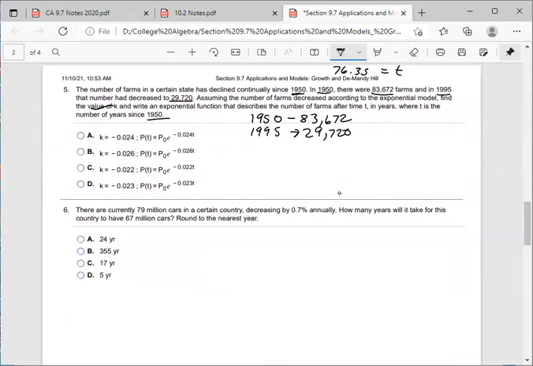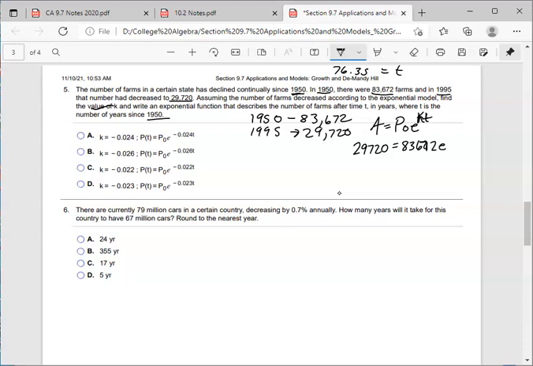Okay, so our model A is equal to the principal times E times the rate, which they write K, not rate, KT. Okay, well, A would be the amount I have right now, which is 29,720. I started out with P sub 0, which is 83,672.